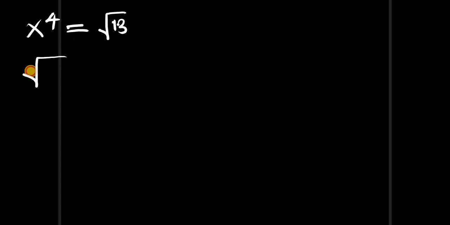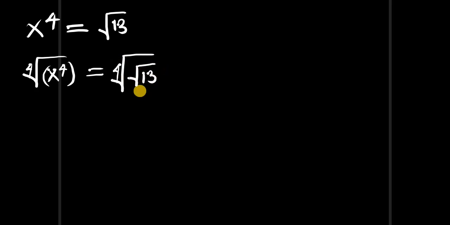If we take the fourth root of x to the power of 4, and we take the fourth root of the square root of 13, recall that the square root of 13 is simply 13 to the power of 1 over 2. So the fourth root here will cancel the power of 4 here.